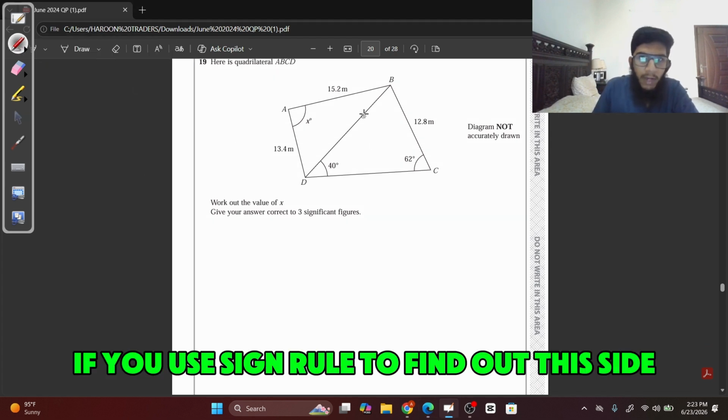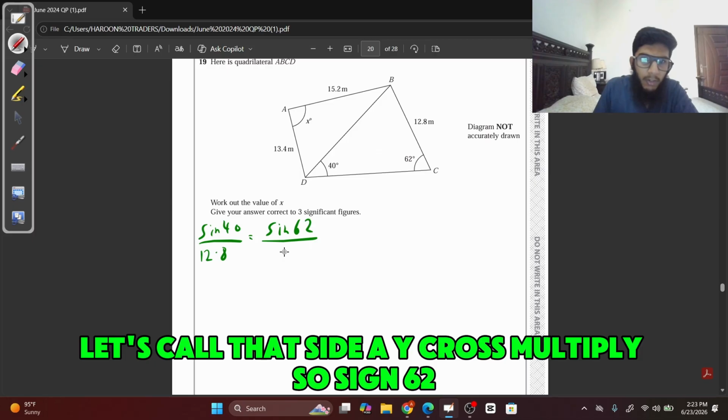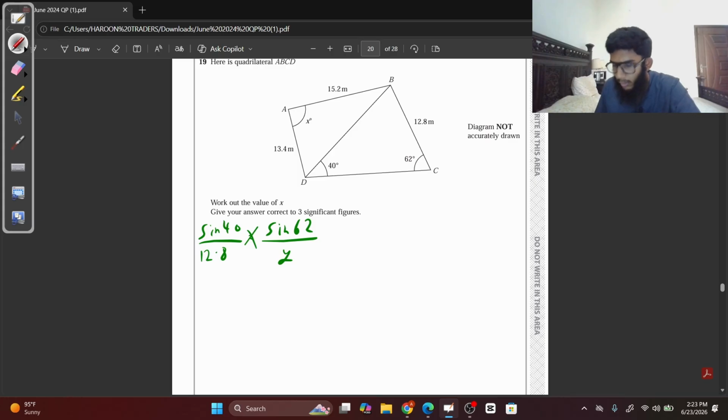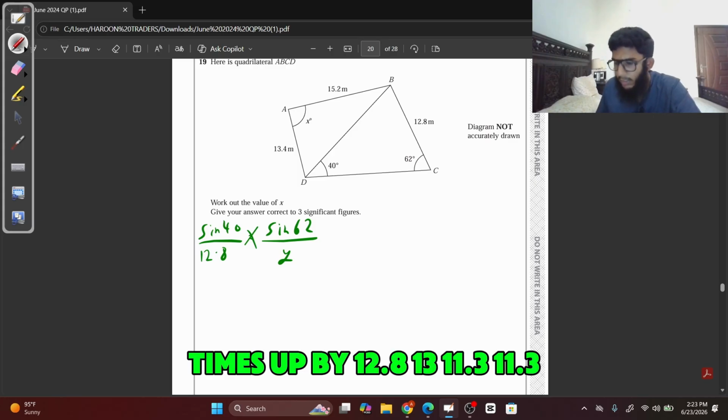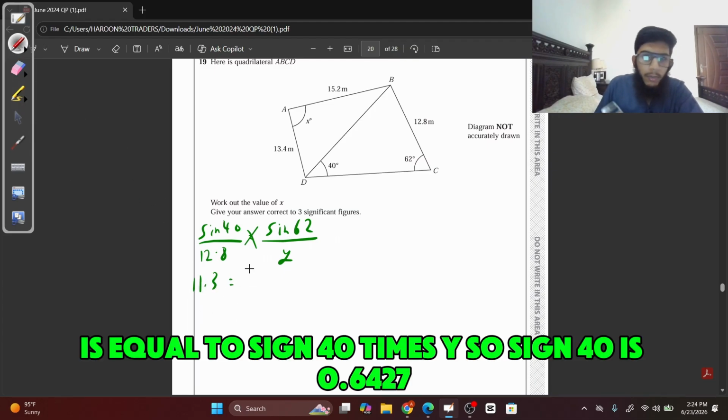if you use sine rule to find out this side, that's going to be sine 40 divided by 12.8 is equal to sine of 62 divided by, let's call that side y, cross multiply. So sine 62 times 12.8, 11.3, is equal to sine 40 times y.